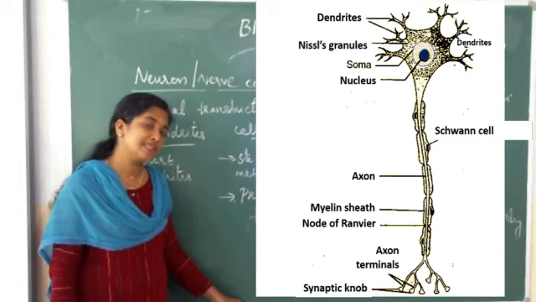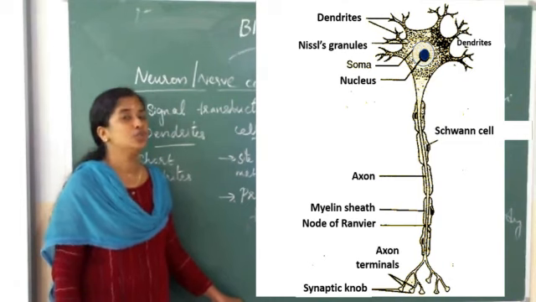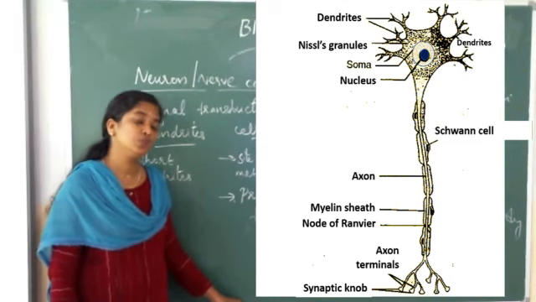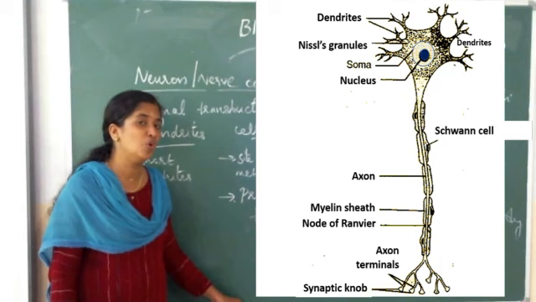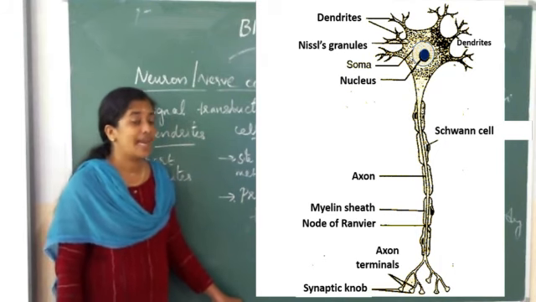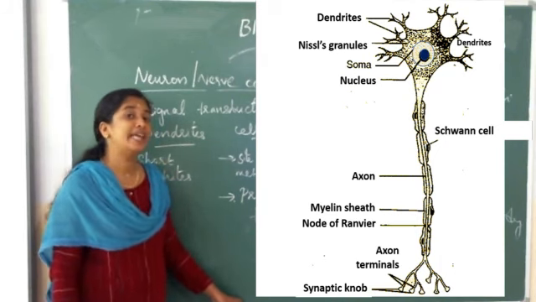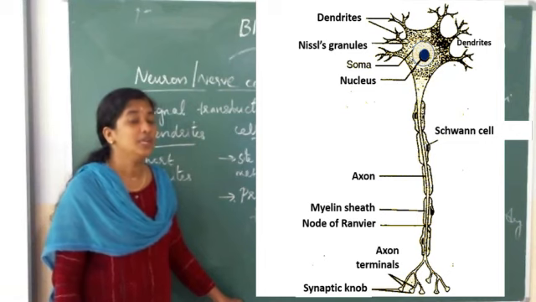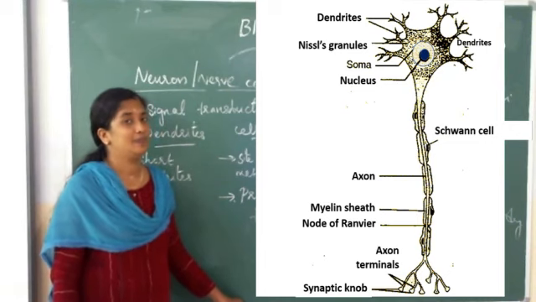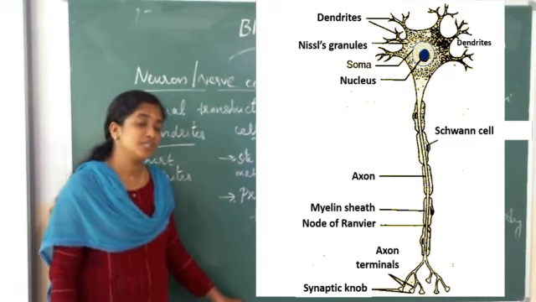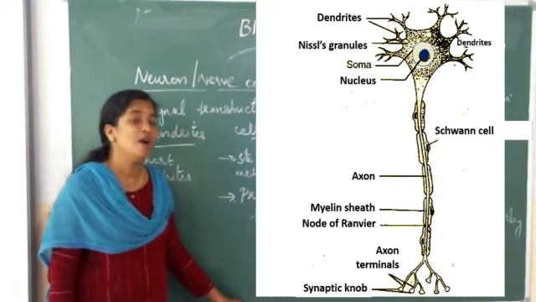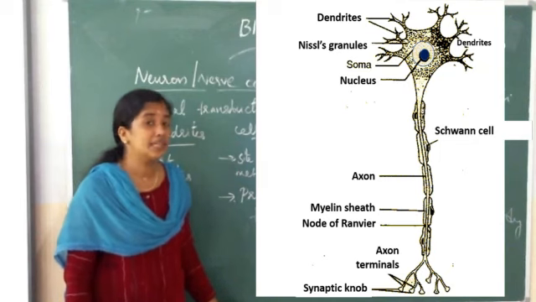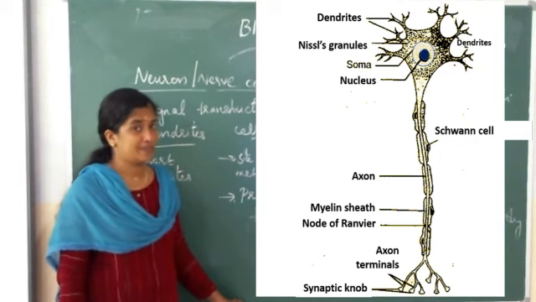After the processing, this impulse moves through the axon, then to axon terminals, then it produces some chemical signals and moves from the axon terminals to dendrites of another neuron or nerve cell. So transmission of impulses from one neuron to another neuron takes place.